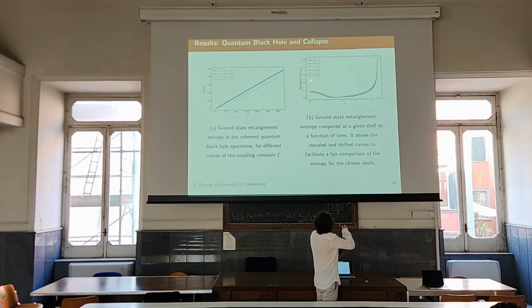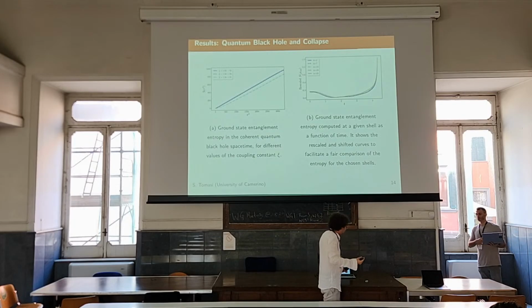So, for example, the n equals 25 curve will start like here and do its thing. So we just shifted them down and made them all coincide there, so you can do a fair comparison of the time dependence between them.